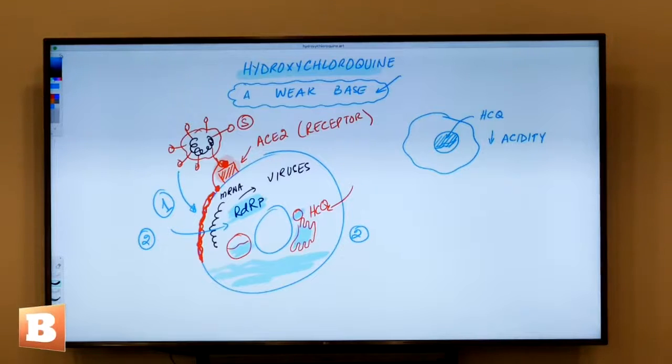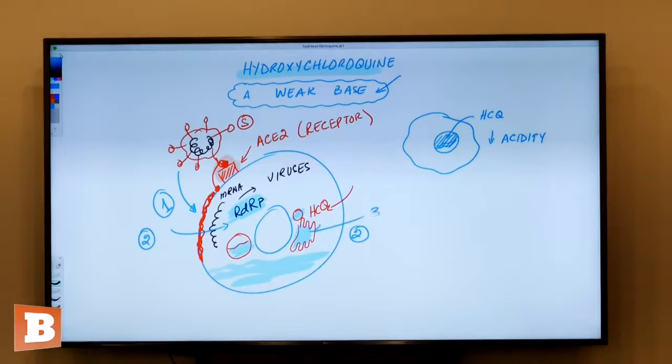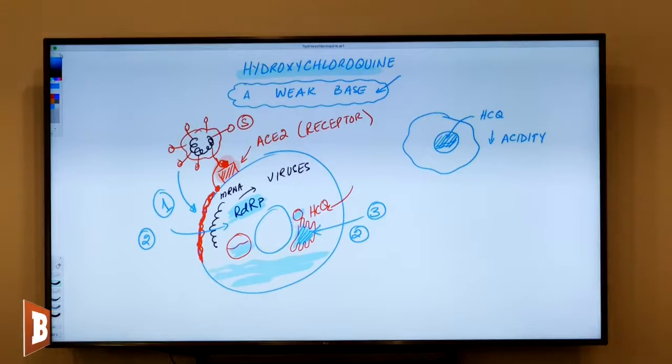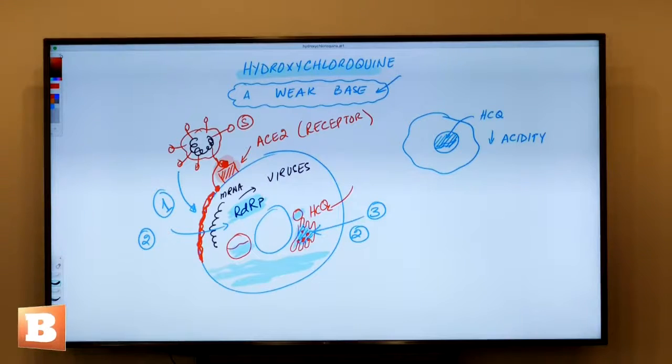Number three, inside of these lysosomes and the Golgi apparatuses or the endosomes, the machineries inside there, the virus has its particles that are generated. So remember, viruses cannot normally divide.